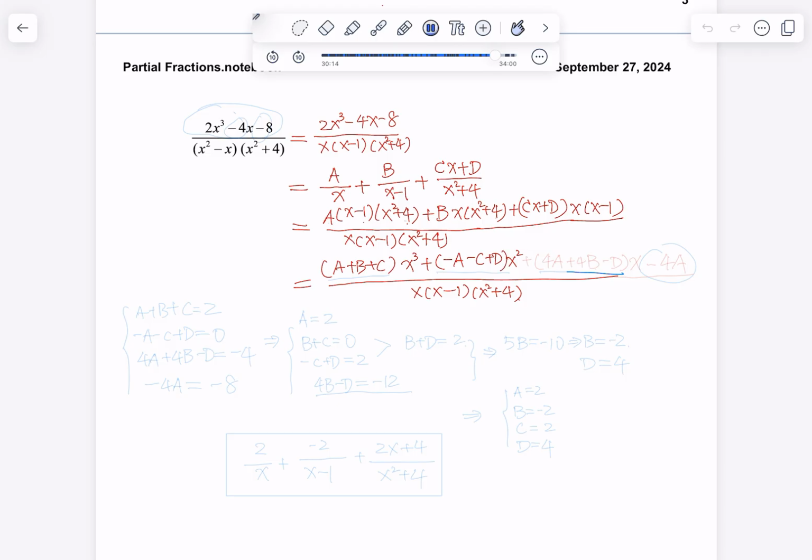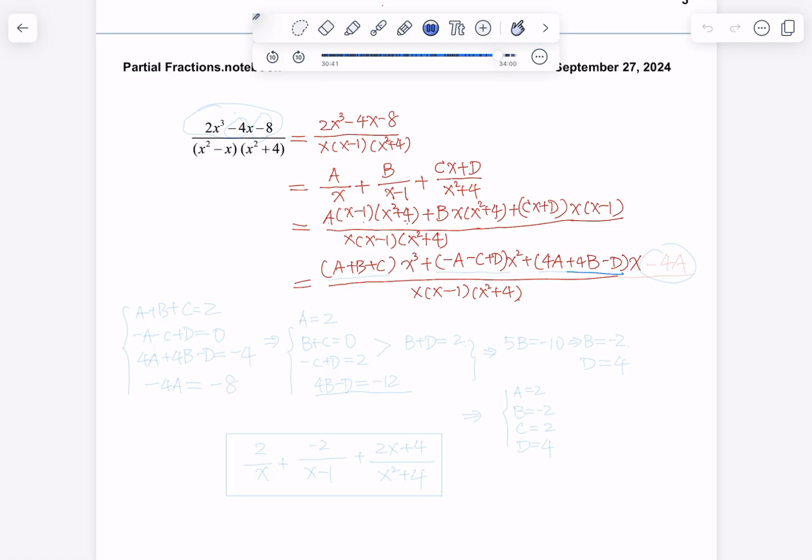Now let's collect the coefficients for the x term. That will be 4A from here, then plus 4B. Finally, you have minus D for x.